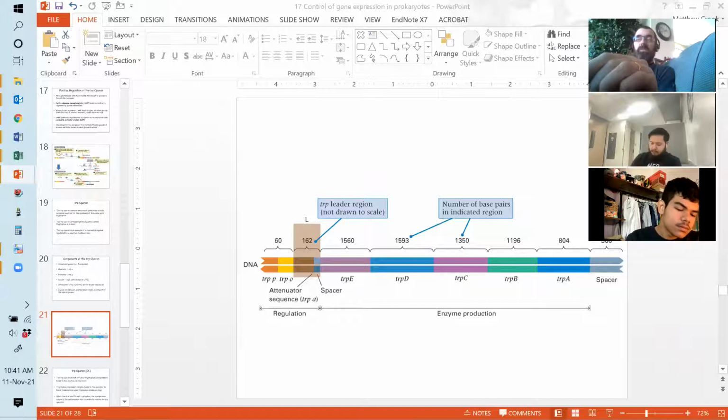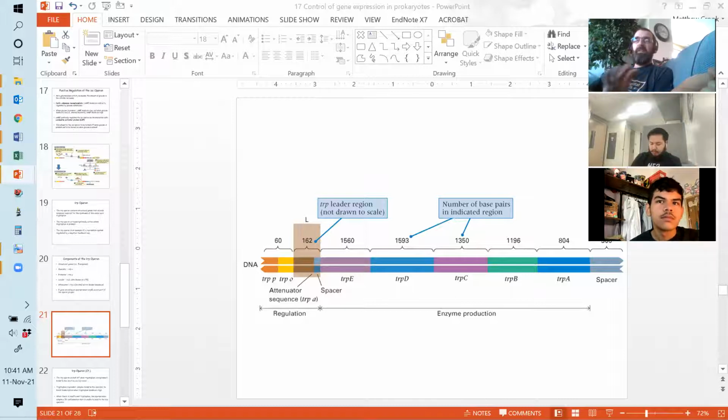And if it's all about translation, what is tryptophan used in? Translation. So we're actually going to use translation as a means of controlling trp operon expression or transcription. I'll leave that for now. I kind of put a worm in your ear. We'll come back to that next class.